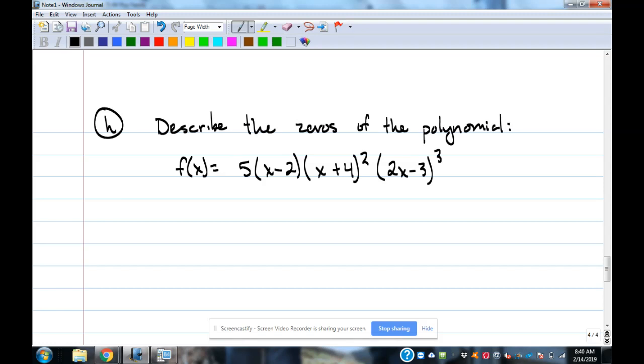Zeros, x-intercepts, same thing. Zeros, x-intercepts, roots is another name for that. Roots is usually the older school name for that, but it's still used. Zeros, roots, x-intercepts, those are all the same things. Solutions to a polynomial, they may even call them that.